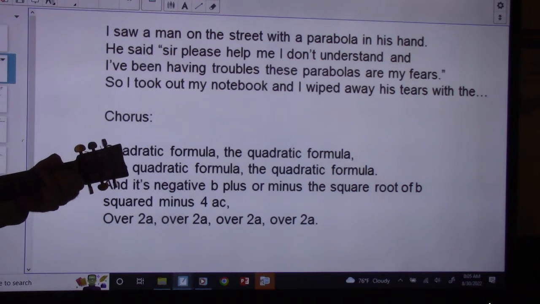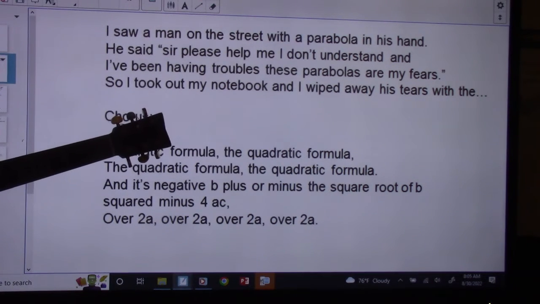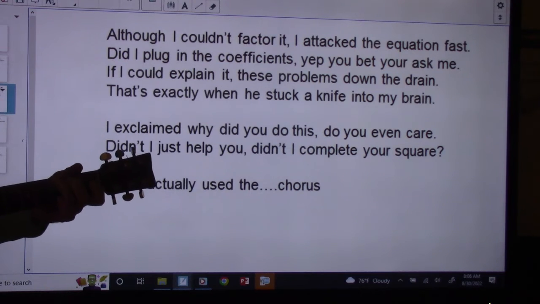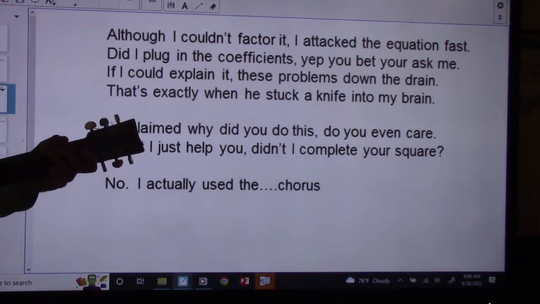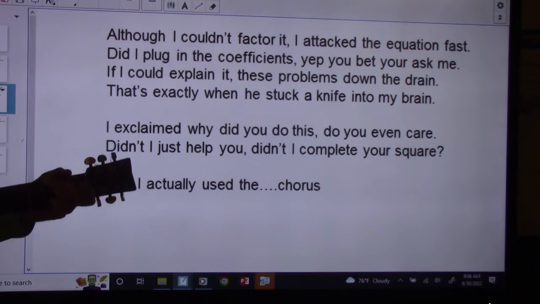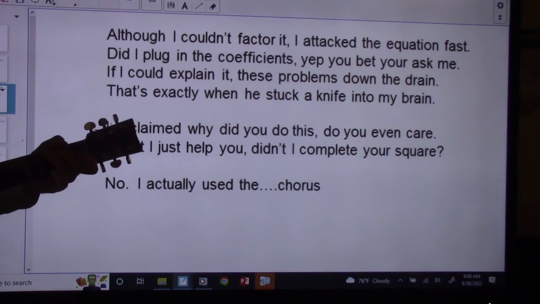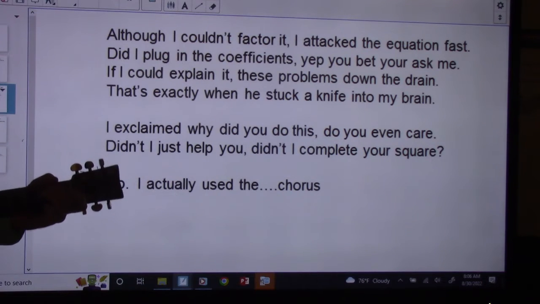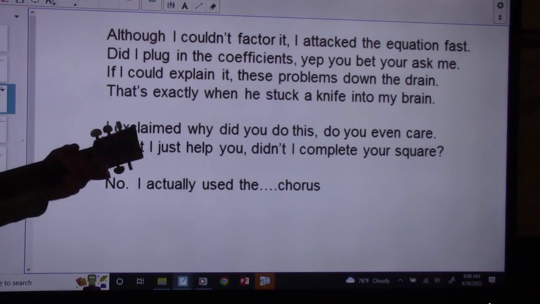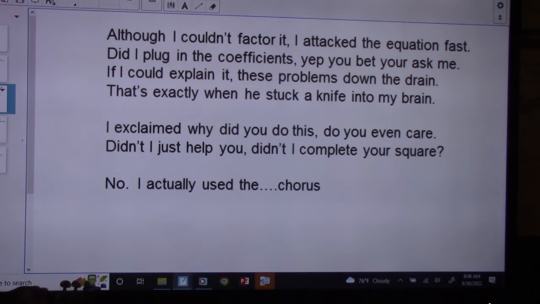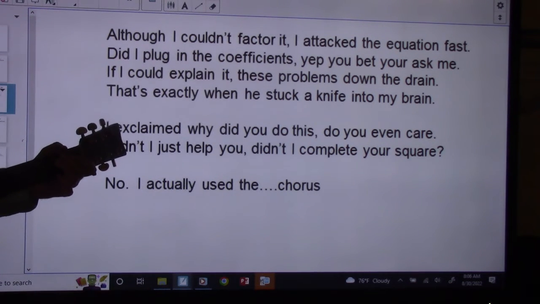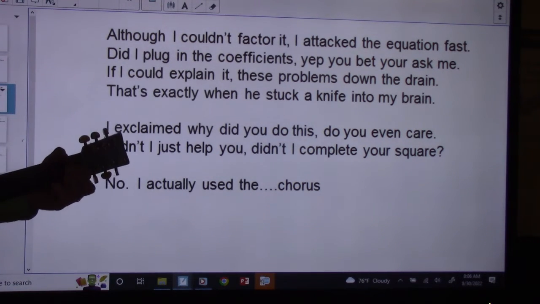Although I couldn't factor it, I attacked the equation fast. Did I plug in the coefficients? Bet your ass. If I could explain it, these problems down the drain. That's exactly when he stuck a knife into my brain. I exclaimed, "Why did you do this? Do you even care? Didn't I just help you? Didn't I complete your square?"